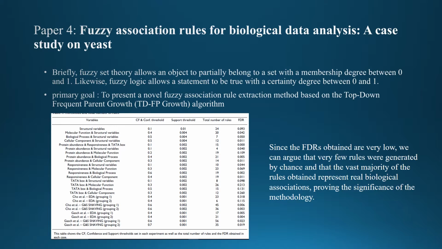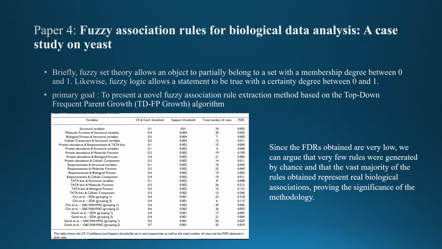So the primary goal in this paper is to present a novel fuzzy association rule extraction method based on the top-down frequent parent growth. The previous one was the bottom up, and this is a top-down approach. As we can see here, this gives different variables with different confidence levels and support values, and the final variable, that's the FTR, I'll explain later what that is.